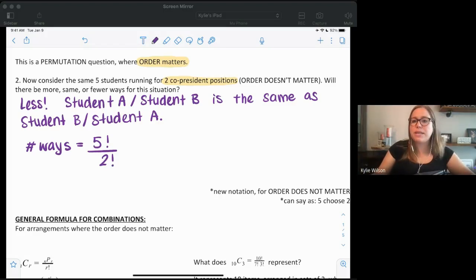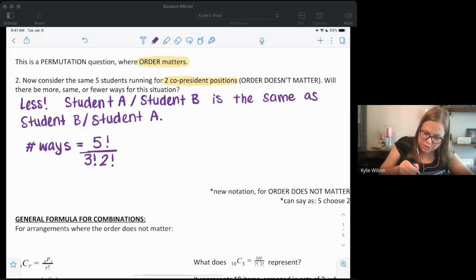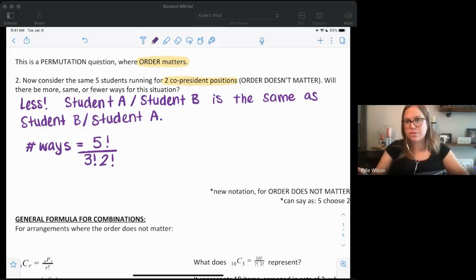So we will be getting less options. That's what's happening here. Oh, and I forgot one other thing. Those are for the 2 co-presidents, and those are for the other people who are not chosen. Because those people who are not chosen, they're also identical elements too. Sorry, my bad. I forgot that right away.